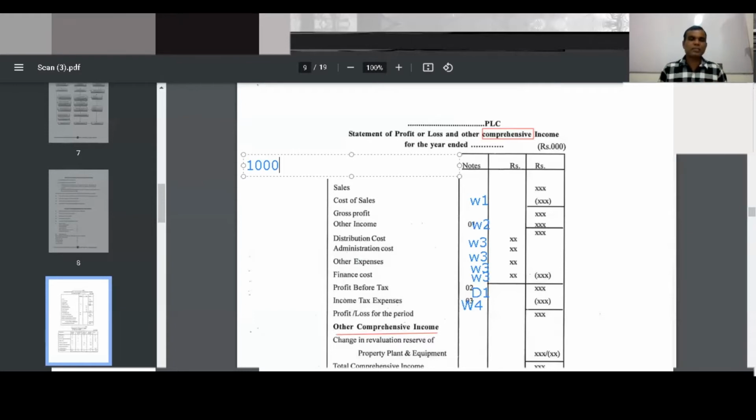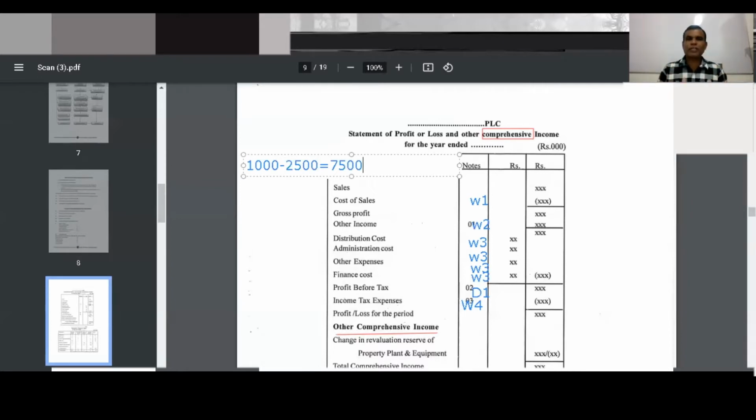So far, this has been depreciated for 2 years. Total depreciation within 2 years, assume, is 2,500. Then you can identify that you are getting 7,500 as the carrying value of the motor vehicle. This is the carrying value.